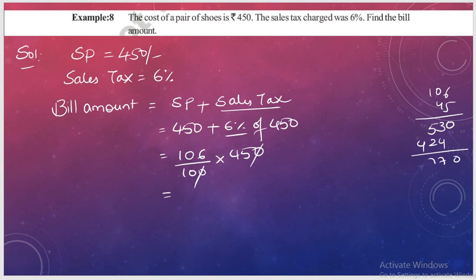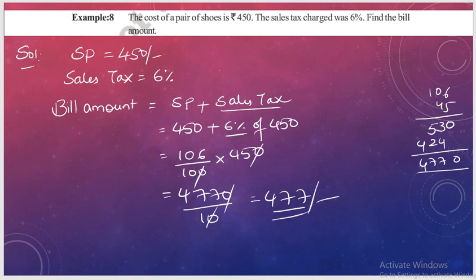When I add it, 4770, divided by 10. So this 0 gets cancelled, so 477 rupees. This is nothing but the billed amount. Actually the cost of the pair of shoes is 450 rupees, but he sold it at 477 rupees because we are having 6% sales tax, right?